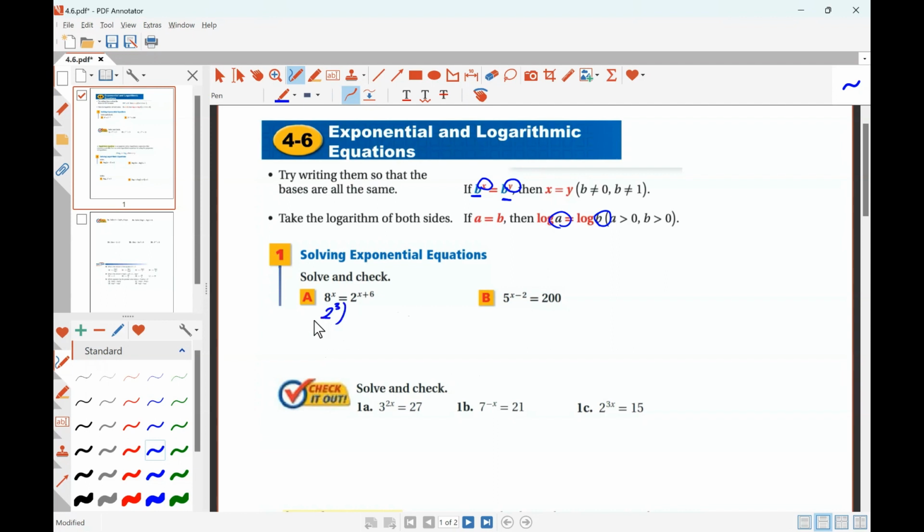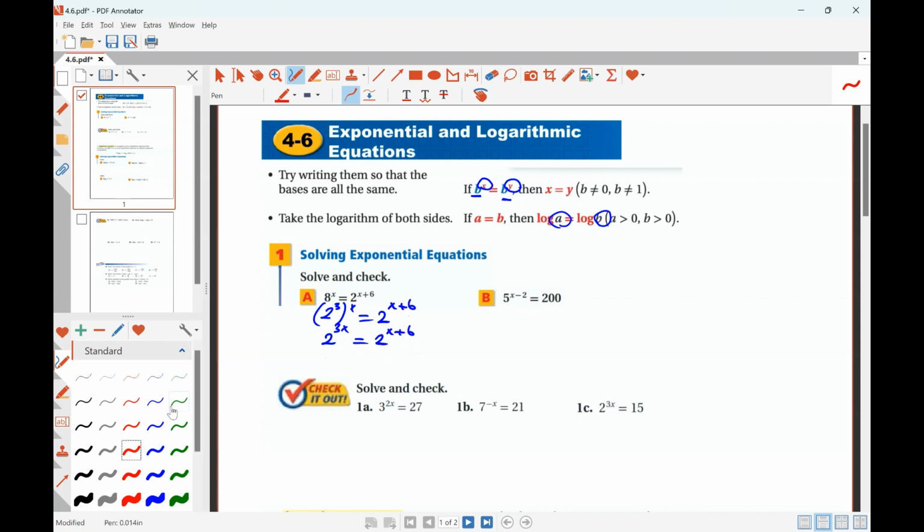So 2 cubed raised to the power x equals 2 to the power of x plus 6. Remember, if there is an exponent raised to another exponent, we multiply those two exponents. So 2 raised to the power 3x equals 2 raised to the power x plus 6.